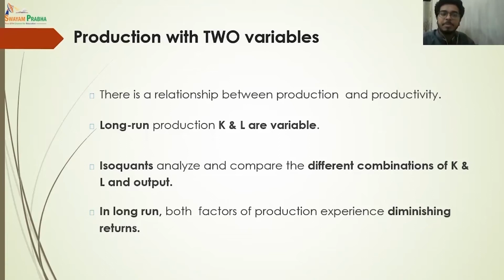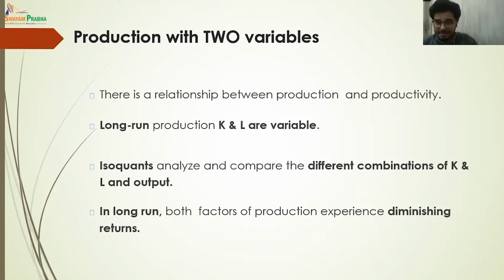The same thing happens here in the case of an isoquant. Whatever combination of capital and labor you give, if those combinations are producing the same quantity, iso is same, quant is quantity, then that will be my isoquant.